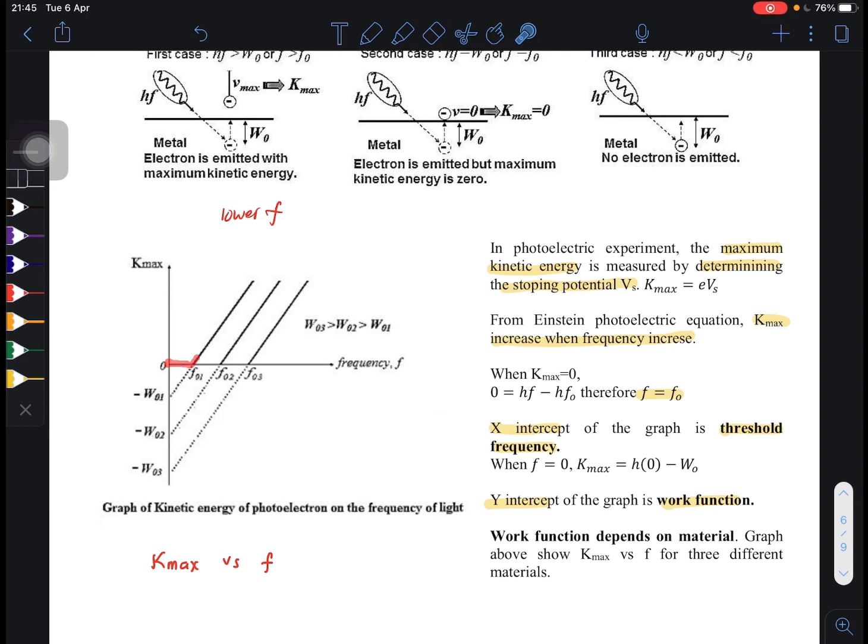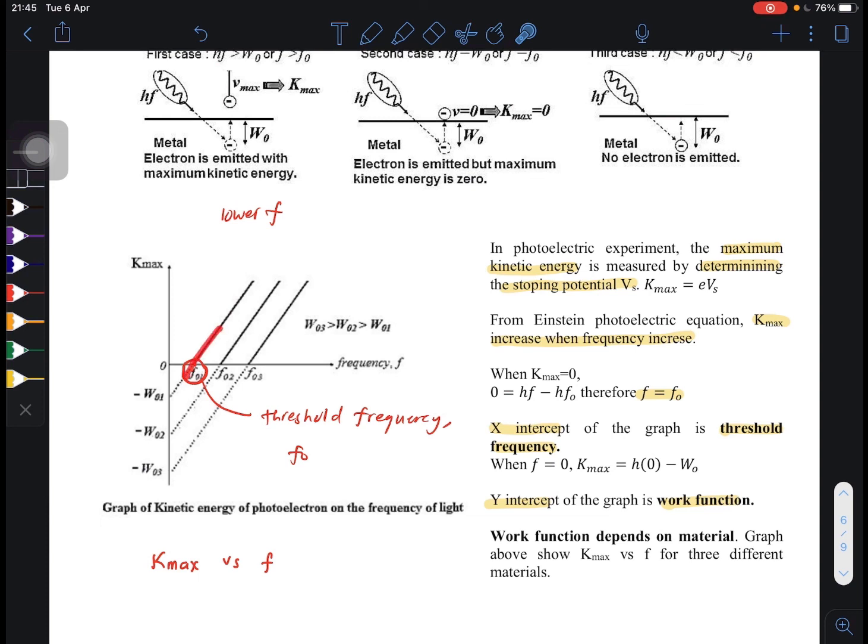So apabila electron tu keluar, akan ada kinetic energy. That's why graf ni daripada kosong macam ni, dia akan stay dulu kosong sampailah Kmax ni keep on increasing. So value dekat sini, we call this as threshold frequency, which is the minimum value of frequency untuk kita keluarkan elektron daripada metal.